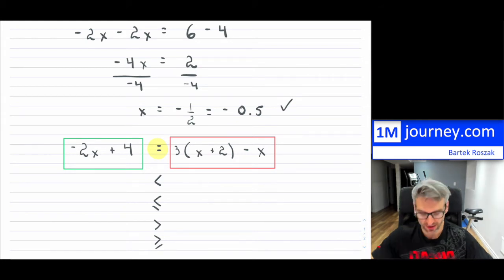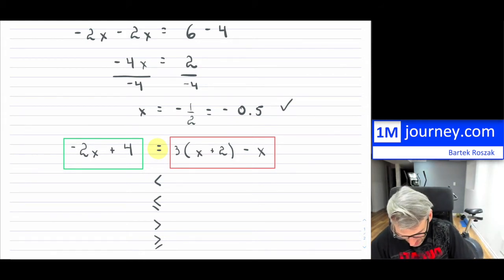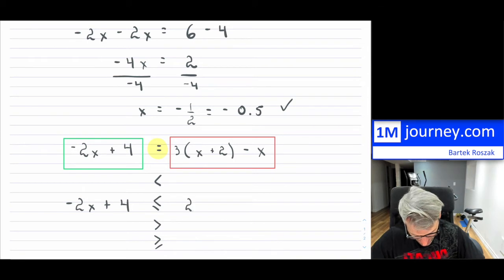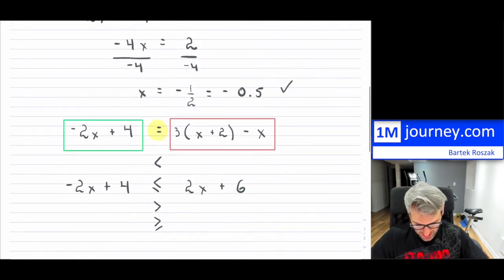Now, in simplified form, because we've already done this, we know that the left-hand side was already a line, and the right-hand side was 2x plus 6, right? So that was the simplified form of this right here.